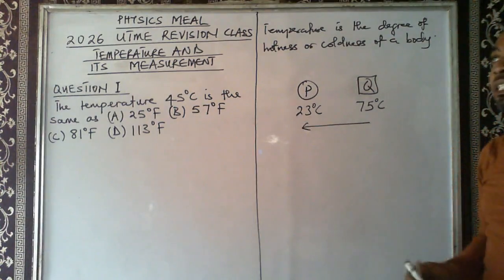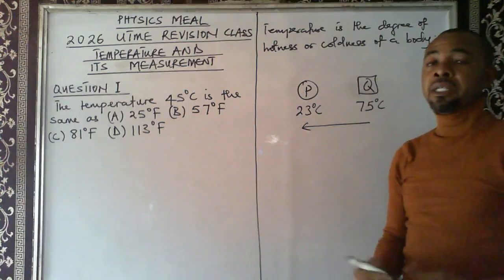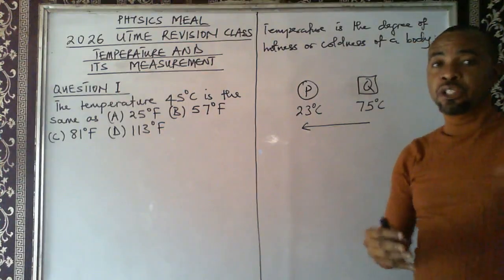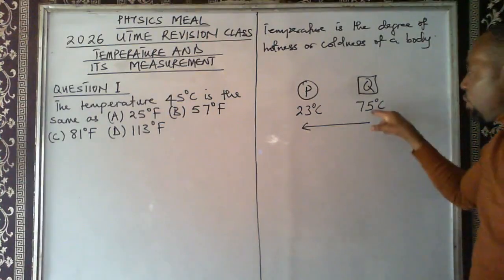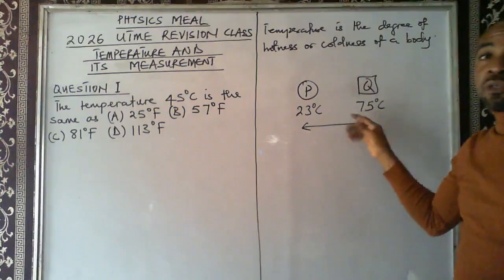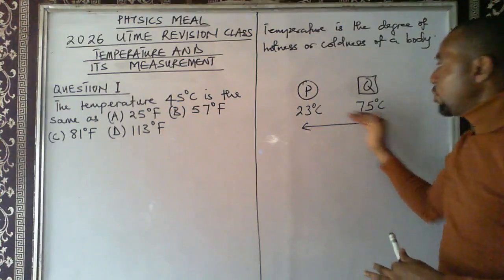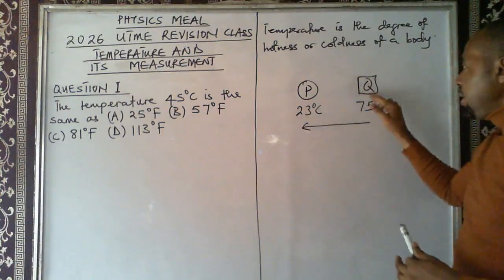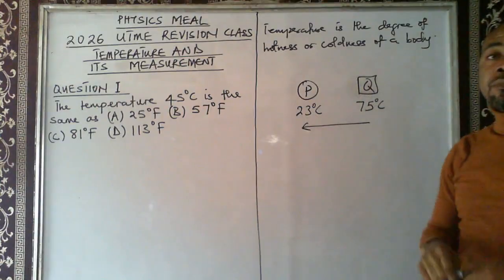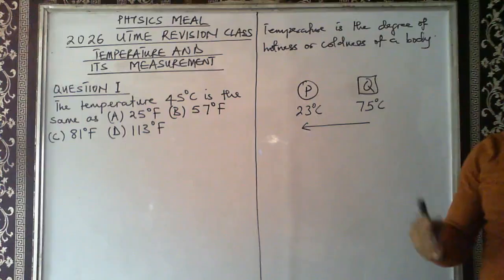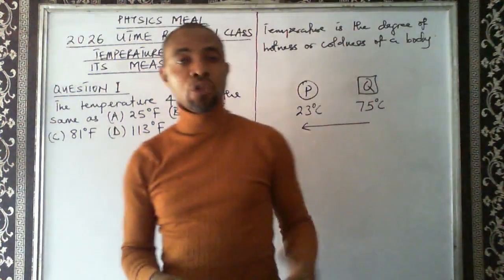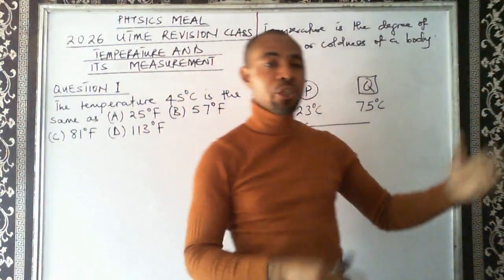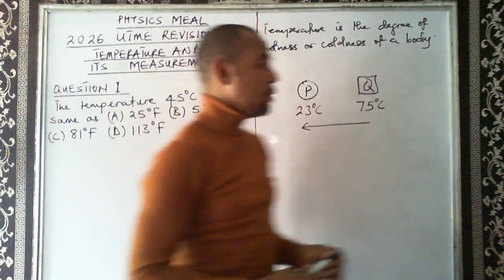And that's why we say that temperature is a thermodynamic property that shows us the direction of heat flow between bodies. Heat cannot flow from a body of lower temperature to a body of higher temperature. Rather, heat flows from a body of higher temperature to a body of lower temperature.